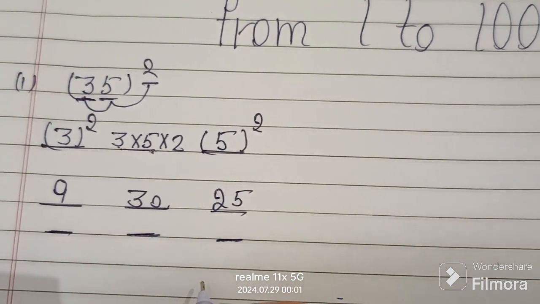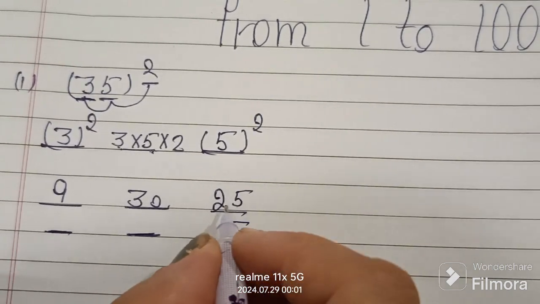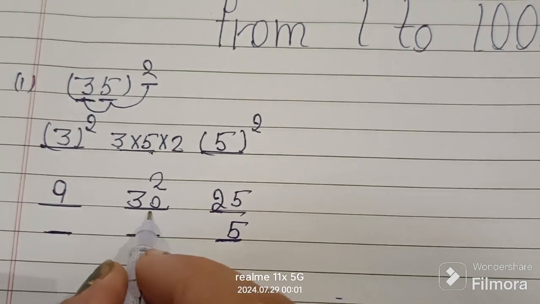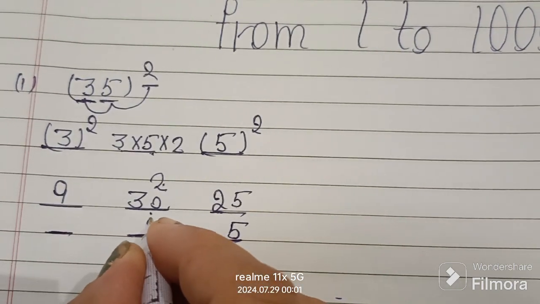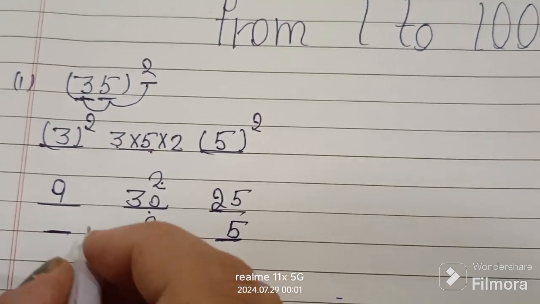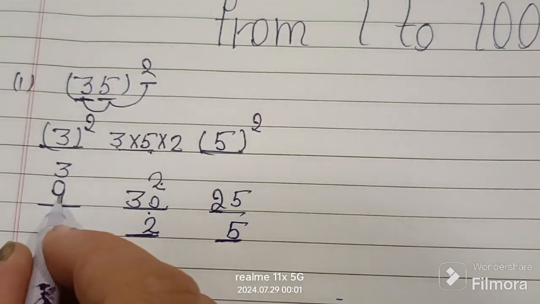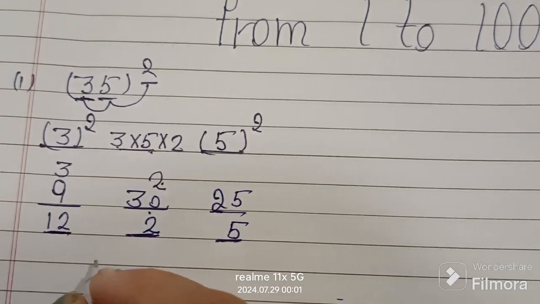So what I'm going to do, I will write 5 as it is and 2 is carry over to the next part. So 30 plus 2 is 32. I'm going to write 2 as it is and 3 is carry over to the next part. 9 plus 3 is 12. That's all. It is your answer.